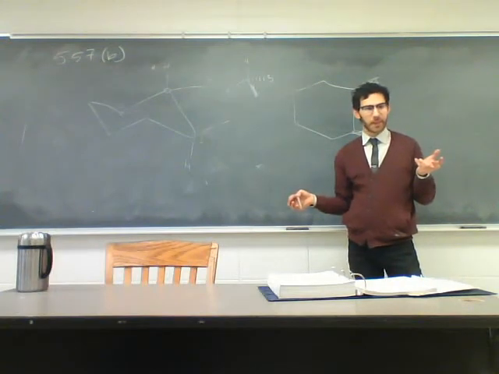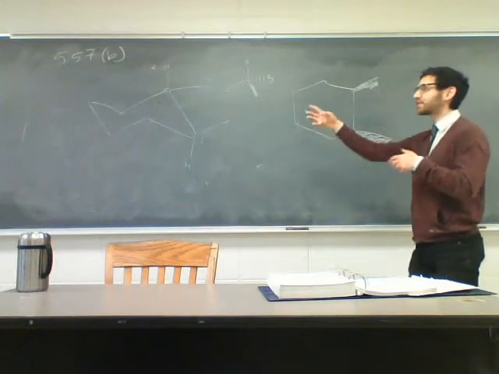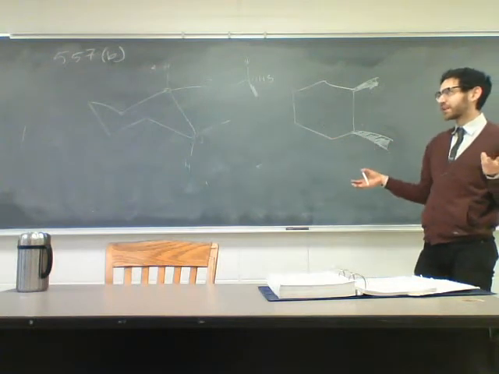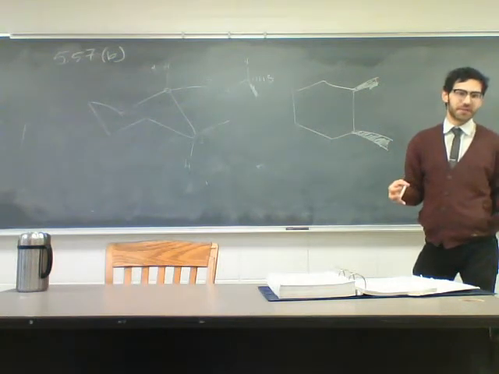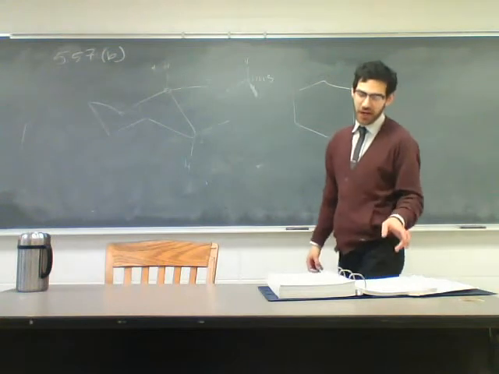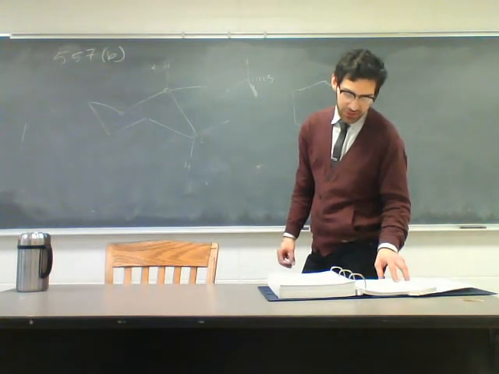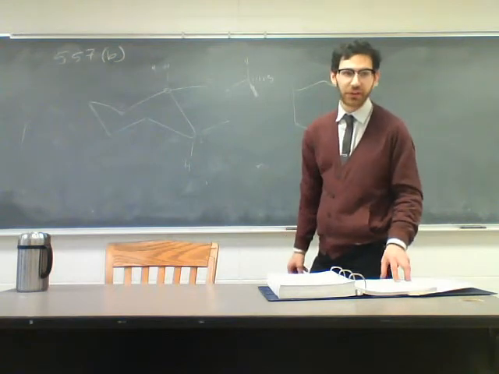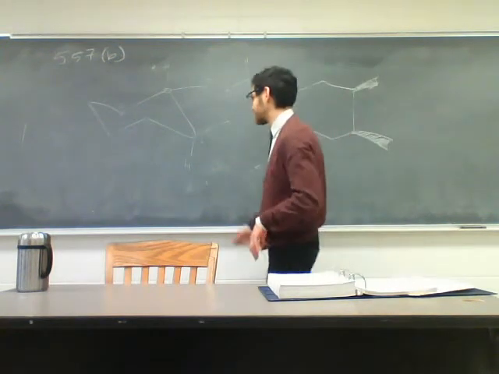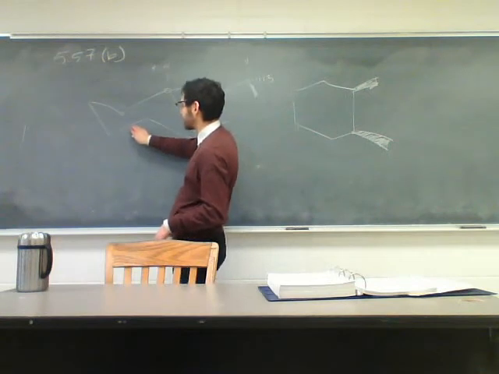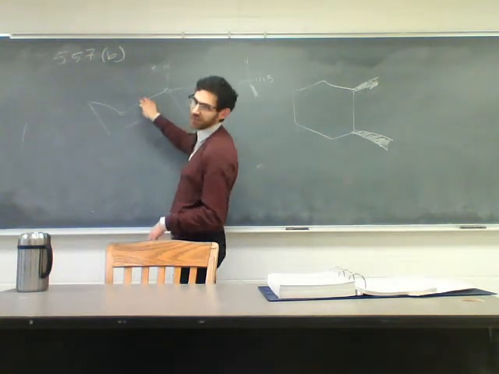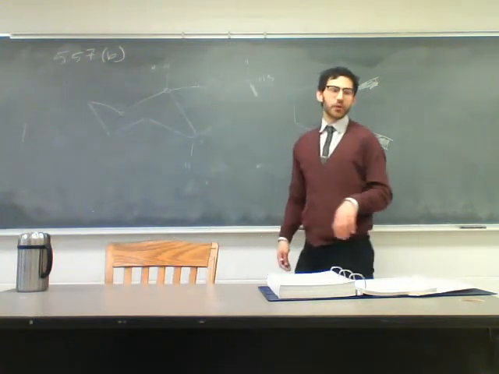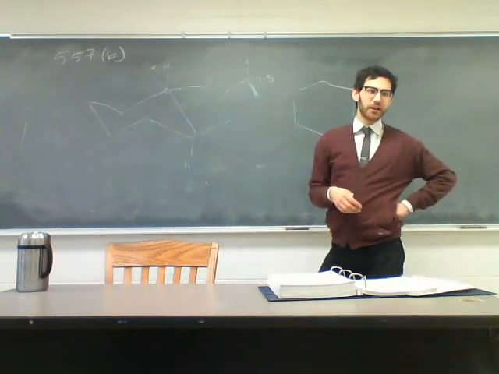Isn't everything in a plane though? In this drawing, we show everything in the plane, but that is not an accurate representation of the chair. The drawings of the chair we use are not really good representations. This bond is further towards us than this bond, really. We have a weird perspective angle on the chair here.